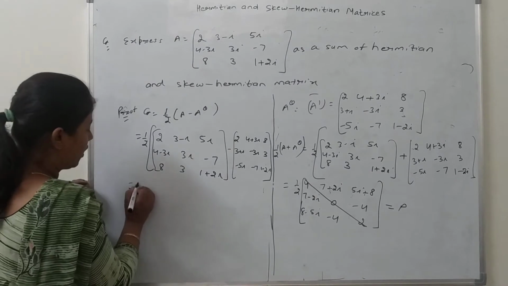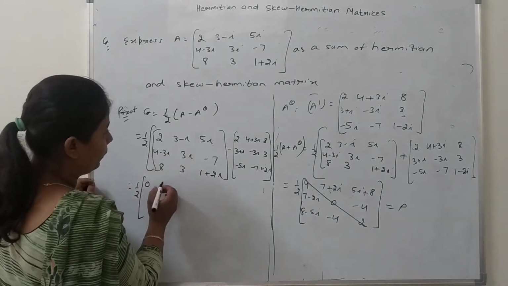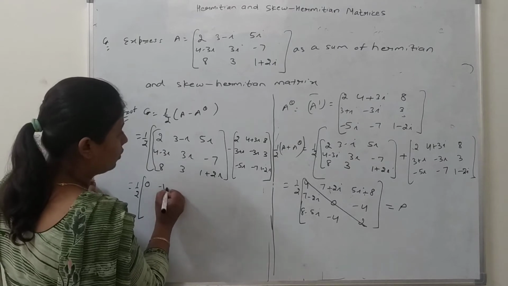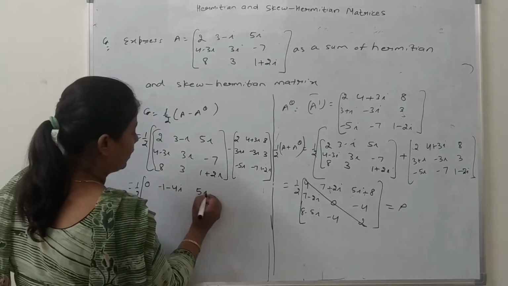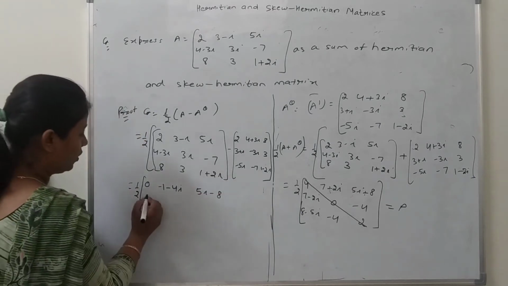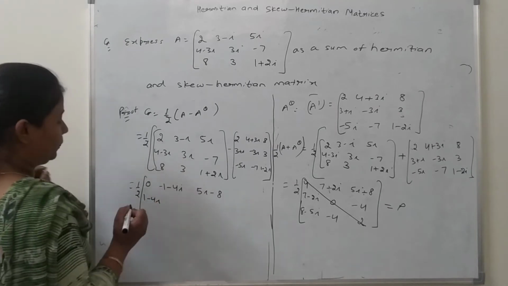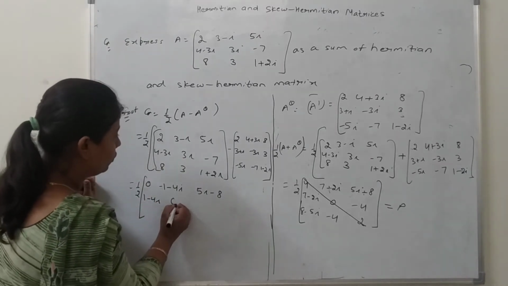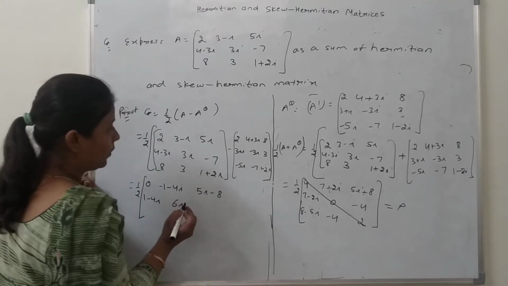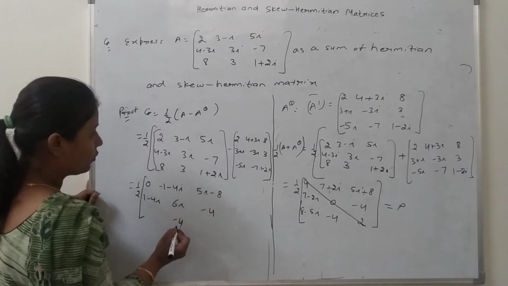Half is outside. It becomes 0. Minus 1 minus 4 iota, 5 iota minus 8, 1 minus 4 iota, 0, sorry, 6 iota, 6 iota, and it is minus 4. Here it is also plus 7.